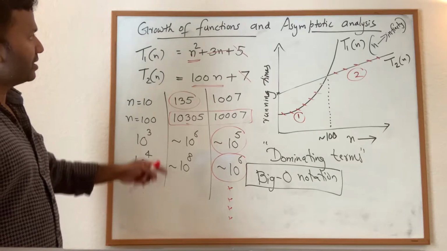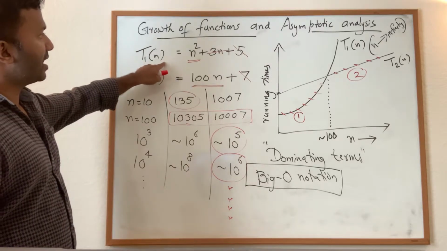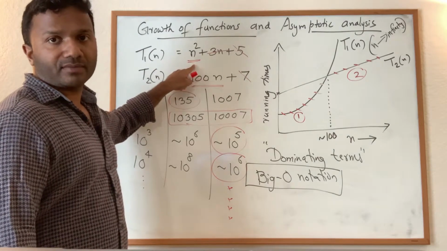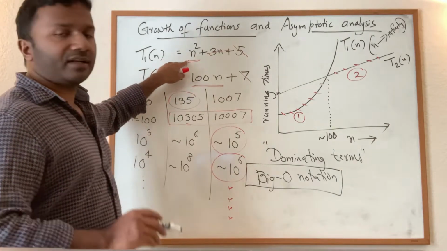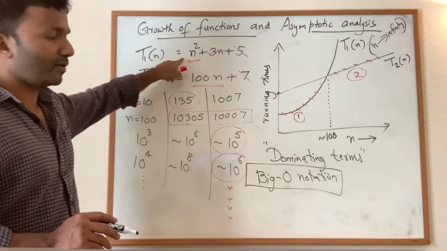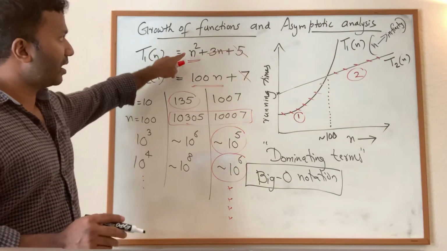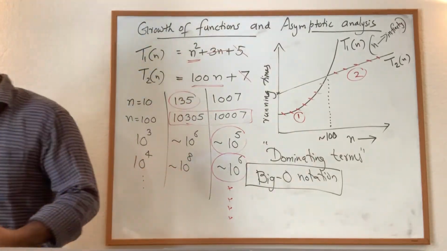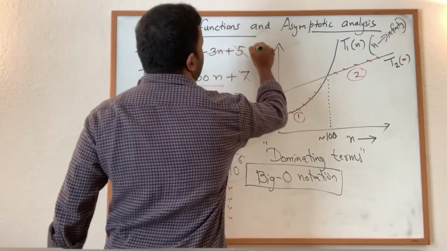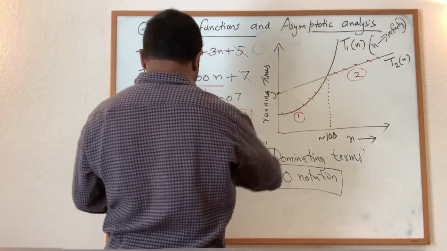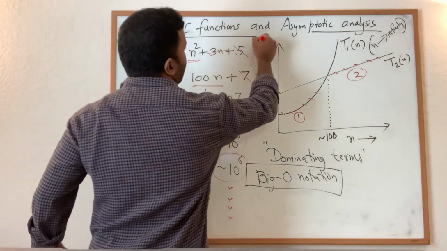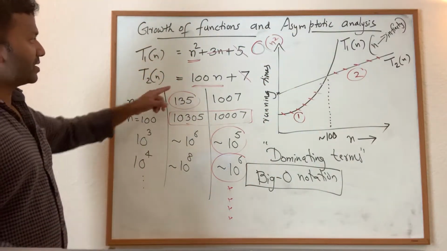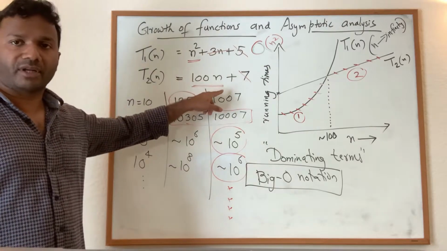So in big O notation, we can say that T1 is big O of n square. Simply, you find the dominating term, and if there are any constants in front of it, just ignore them. The first one you can write as big O of n square. For the second one, have a look at the dominating term.